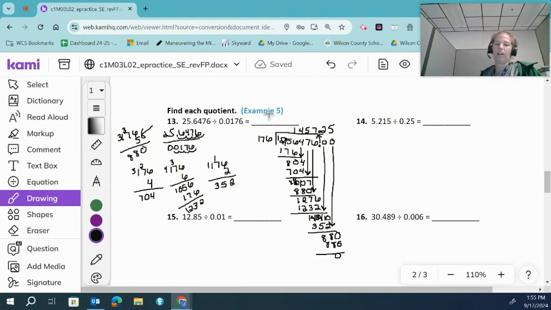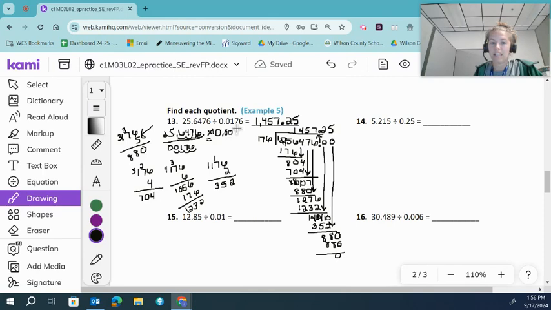Whew. So this is 1,457.25. And that is your answer. The only difference between decimal division and regular division is the very first step, where we multiplied to find equivalent fractions, and we multiplied by 10,000.